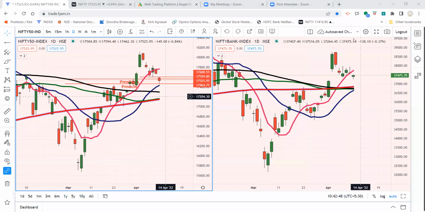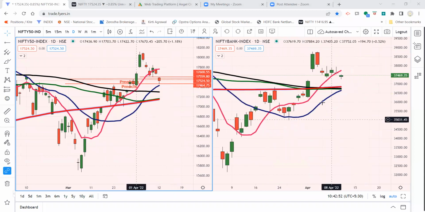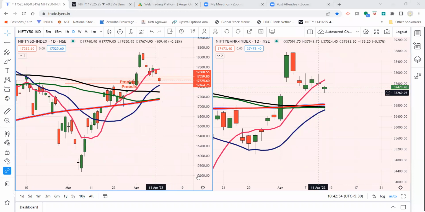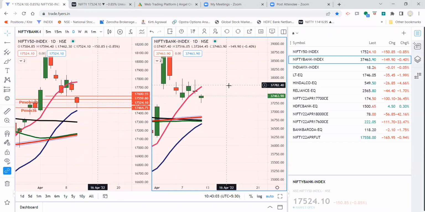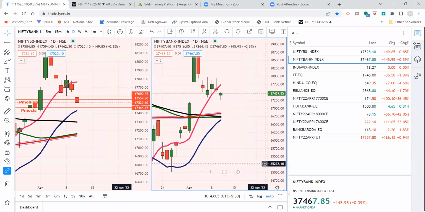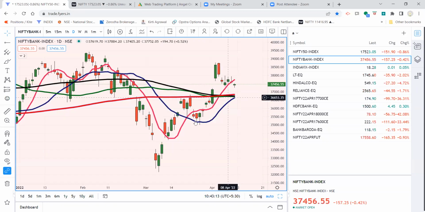Obviously Bank Nifty is stronger than Nifty because you can see a green candle in Bank Nifty, while Nifty is flat to red. Also, Bank Nifty has tested and is almost close to this zone.